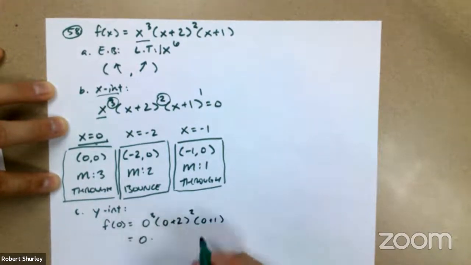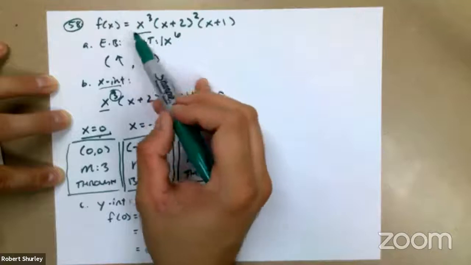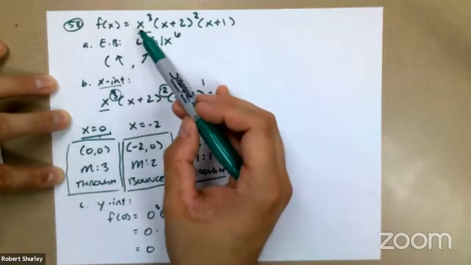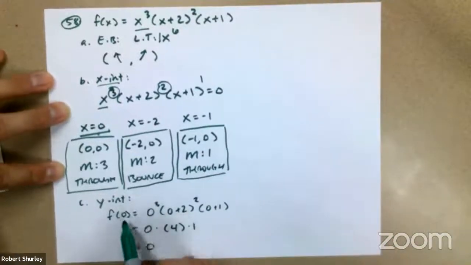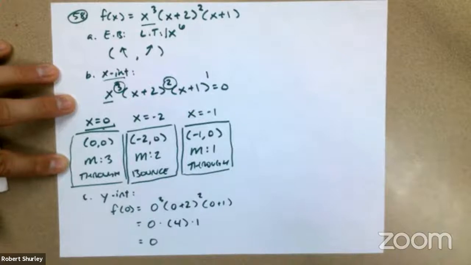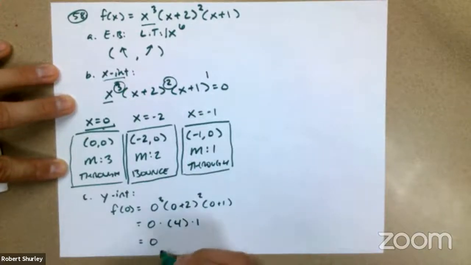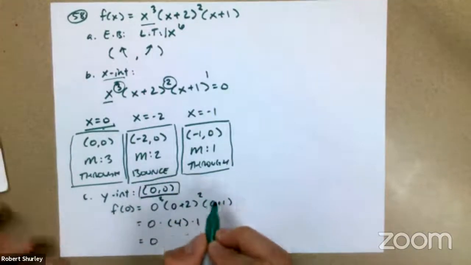Well, 0 times 2 squared, so that's 4, times 1. Well, 0 times anything is just 0. Now, remember I told you, you just have to multiply the constants? Well, it's because this x cubed is by itself. Because there's an x value out there, it winds up being 0. So if you want to do this the formulaic way, that would probably make the most sense. For y-intercepts, remember, we just plug in x equals 0. So for this example, we wind up with 0, 0. Okay, that's our y-intercept.